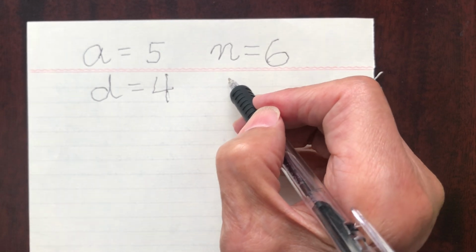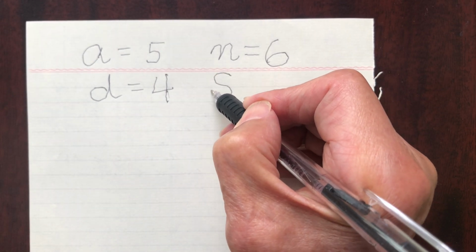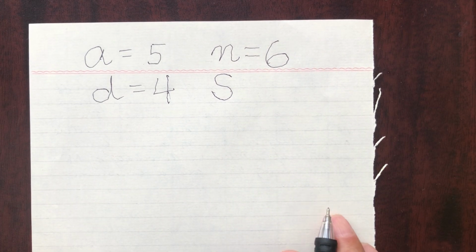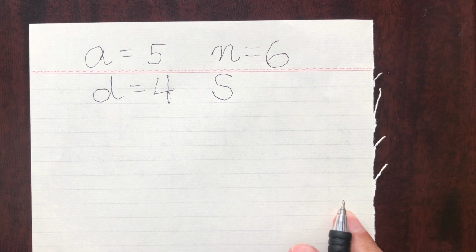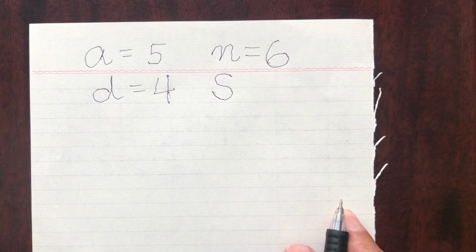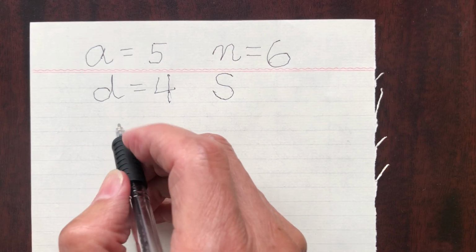What is the sum? Let's represent the sum by a letter S. So I have an arithmetic series. Common difference is 4. First term is 5. Number of terms is 6. So what is the sum? All right, you just use the formula now.